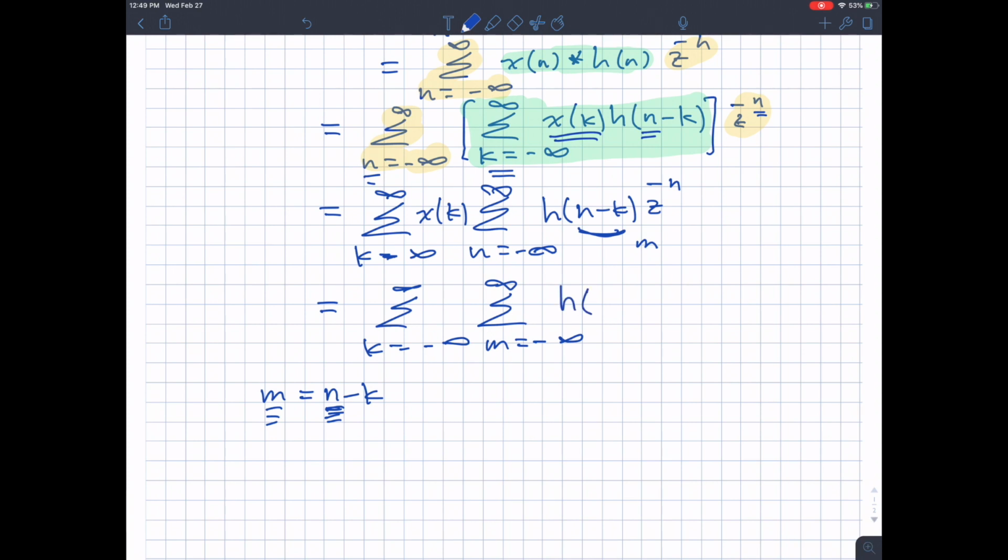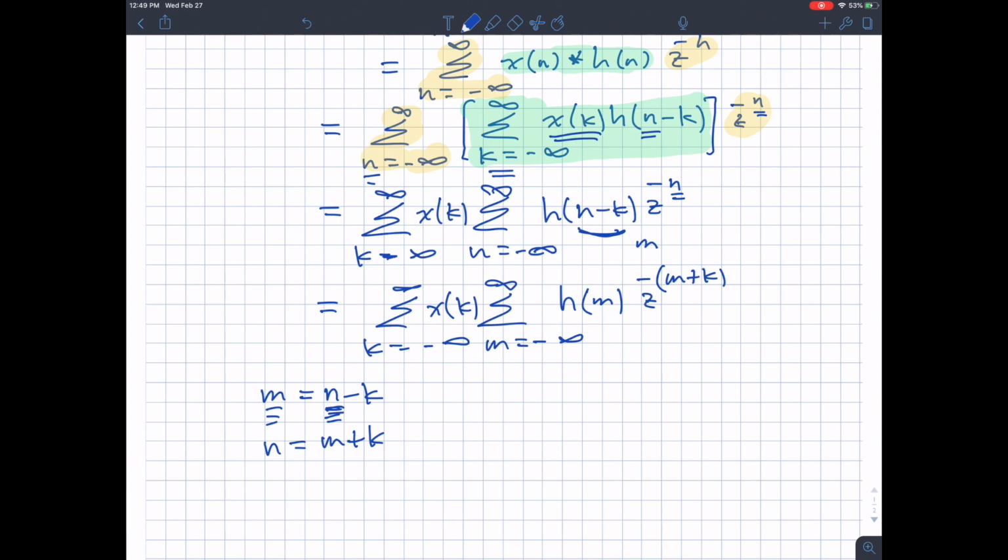So this would be h of m, and now, when I get to n, I can replace it: n is m plus k. So I'm going to have z to the minus (m plus k), and I still have my x of k sitting out here.